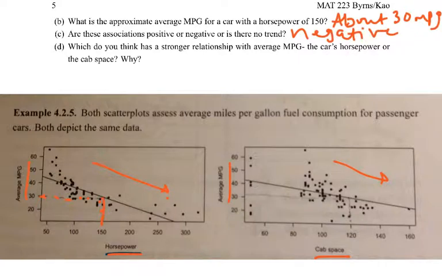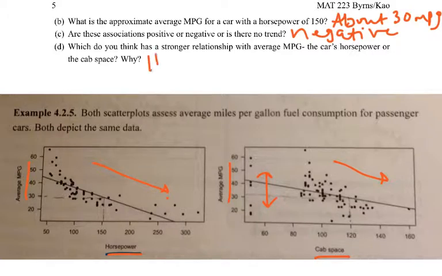And then D says, which of these has a stronger relationship with average miles per gallon, the horsepower or the cab space? So here you're looking for the strength of the relationship. Which one seems like it's got a stronger relationship between the two? Hopefully you see that there's more vertical variation in the cab space, which indicates a weaker relationship.